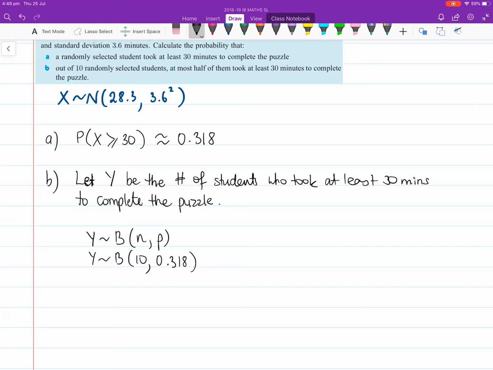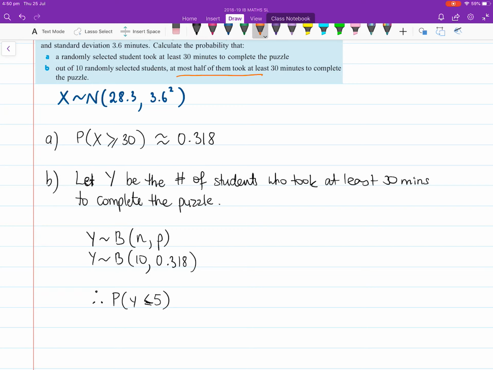So now you've just got to put all of this in the calculator, but you've got to use the binomial probability distribution function, not the normal one. Put it in, and hopefully we should get, for this event, for Y to be less than or equal to 5, because it says at most half of them.